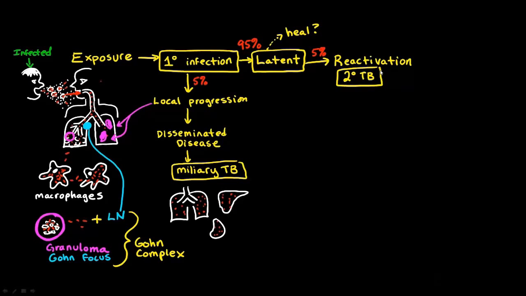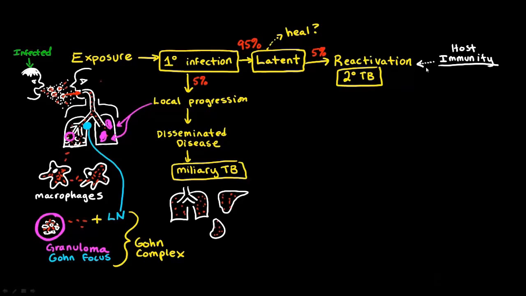That is, if the person who's got latent TB has depressed immunity, especially depressed cell-mediated immunity, their likelihood of reactivating can be quite high, relatively speaking.